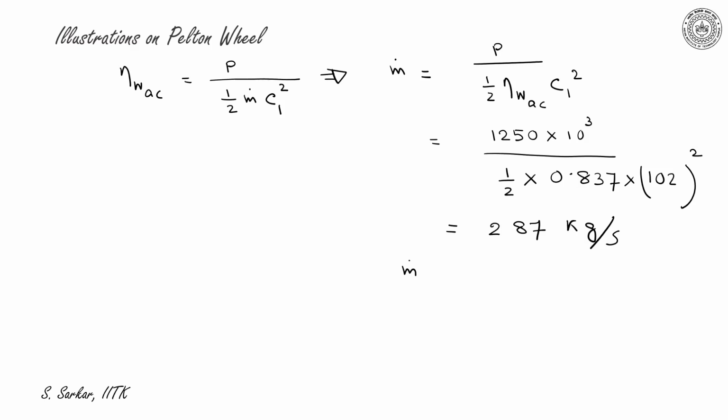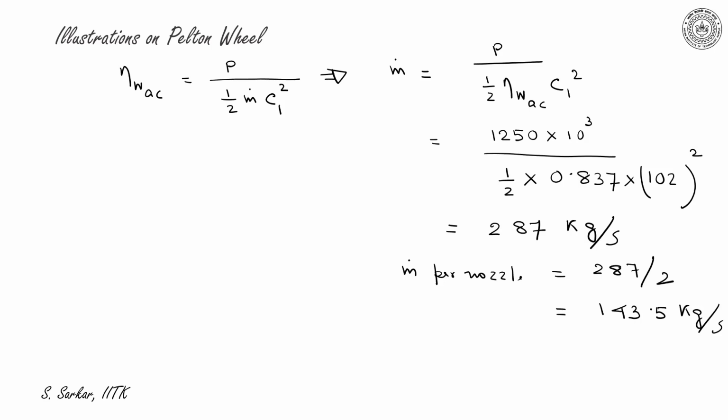So M dot per nozzle would be equal to 287 divided by 2. It will be 143.5 kg per second. Thus I have evaluated mass flow rate for a nozzle, which is 143.5 kg per second.